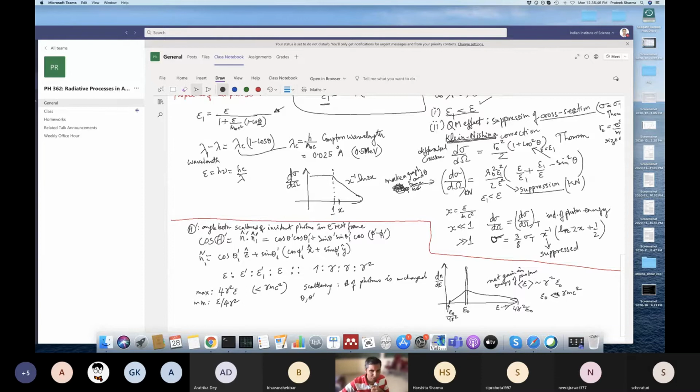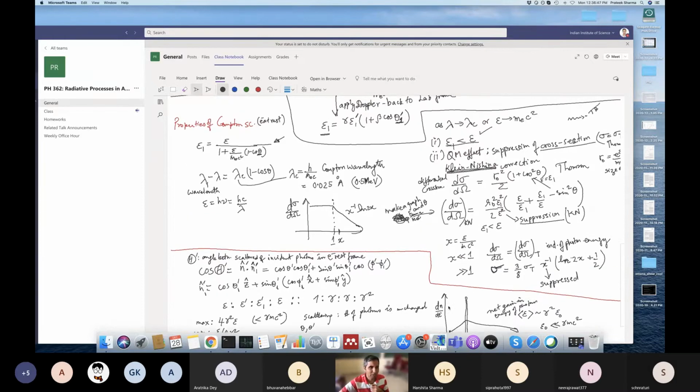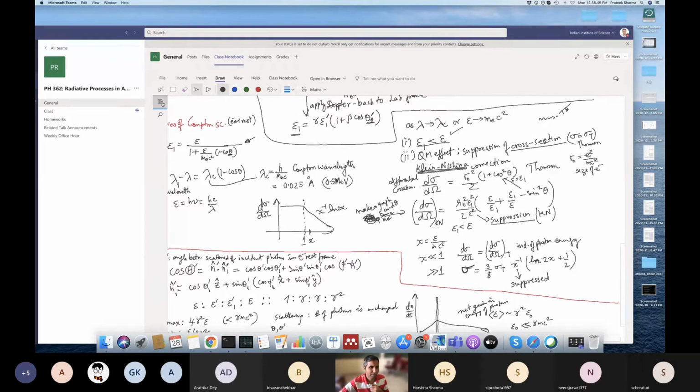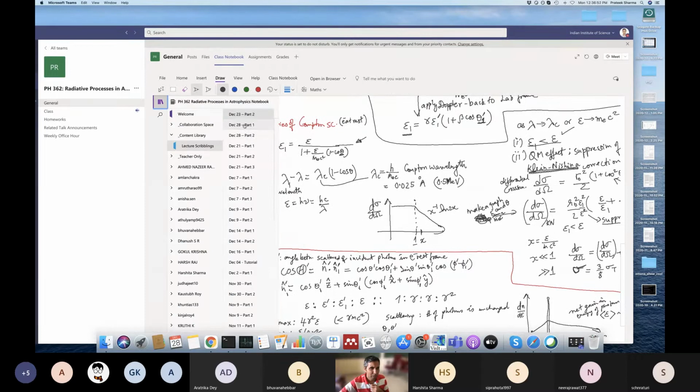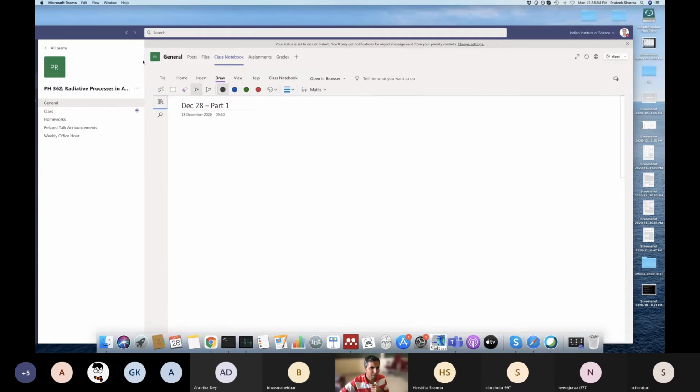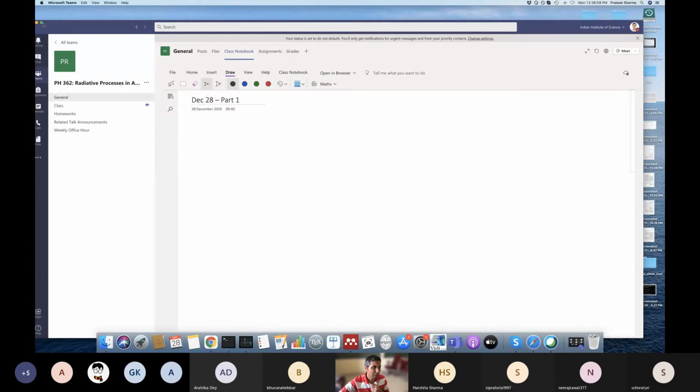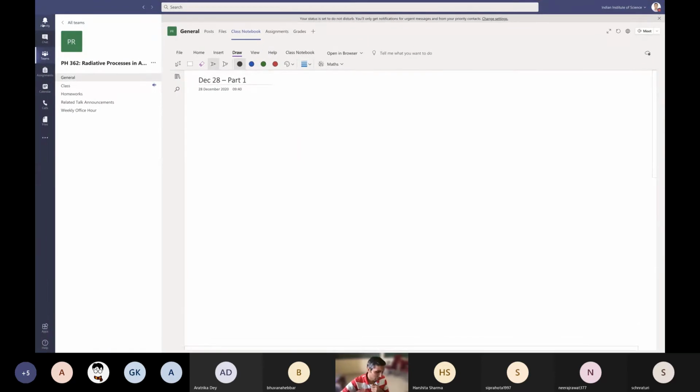So what about the total energy exchanged, or total energy gained by the photons in Compton scattering? So let's do this.